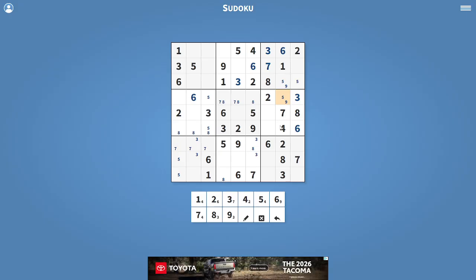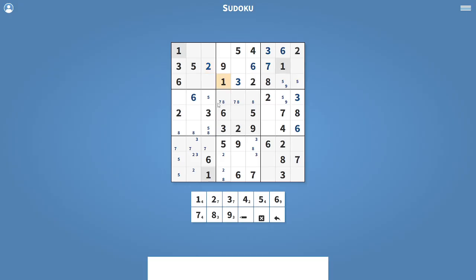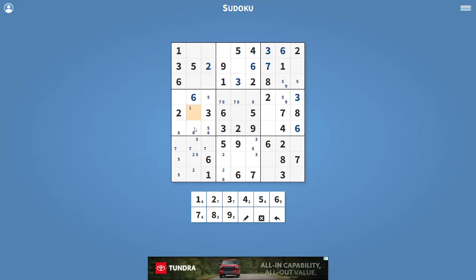Anyways, down to our 2s. Let's see. We know 2 has to be over here on the left. We also know that 2 is right here on there, which means that 2 has to be there, which is nice. Then we get down to our 1s, which we know 1 has to be there or there.